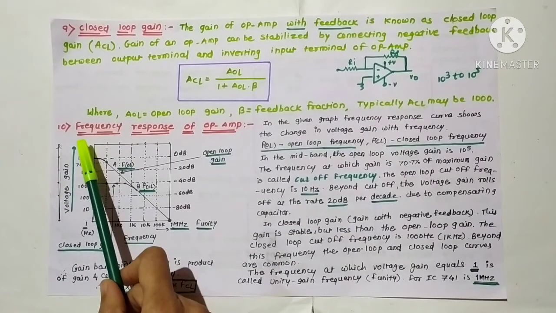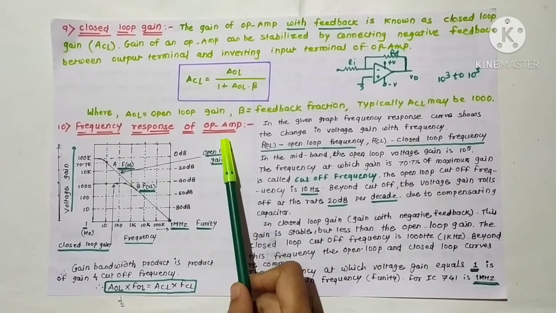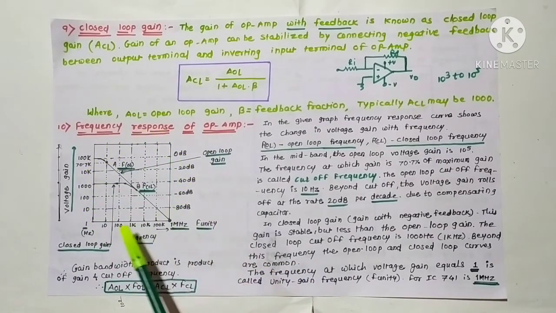Now next is the frequency response of an operational amplifier. Student, you can see this graph. This is a graph of voltage gain versus frequency. On the x-axis you can see the frequency in multiples of ten: 1, 10 Hz, 100 Hz, 1 kHz, 10 kHz, 100 kHz, and at last 1 MHz.